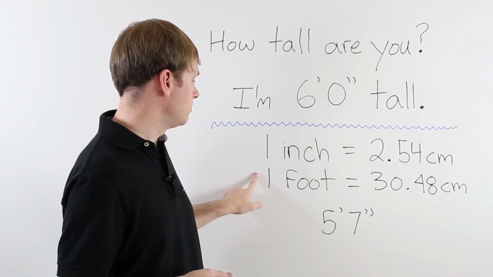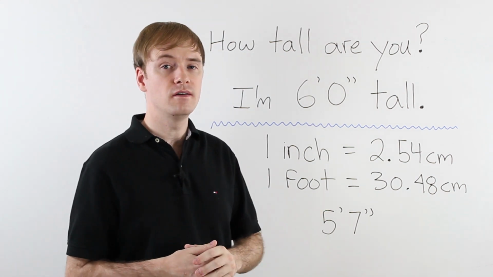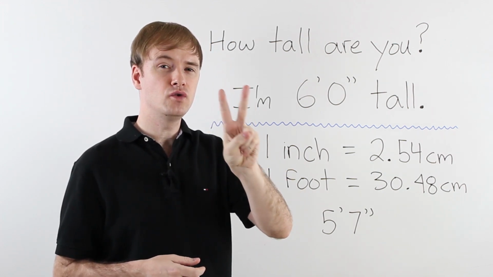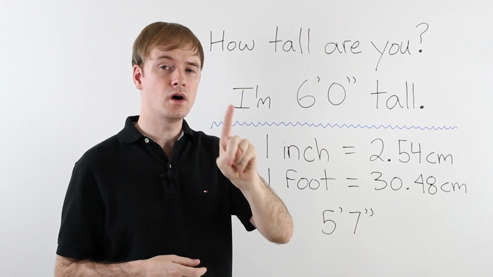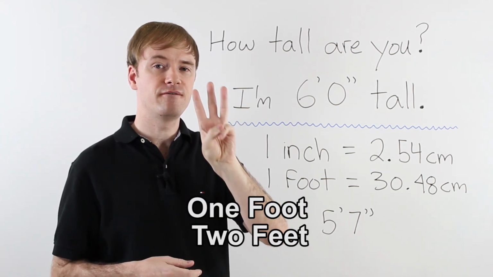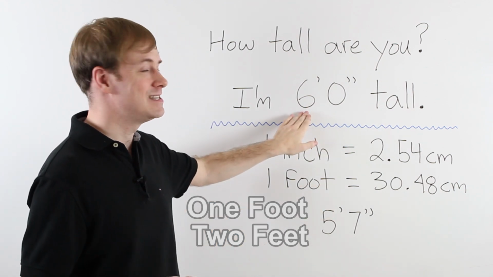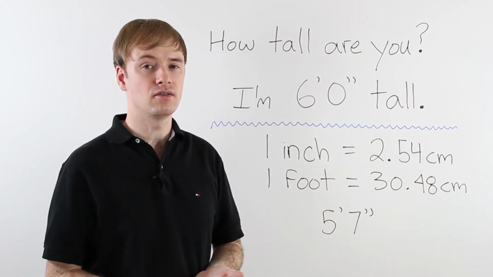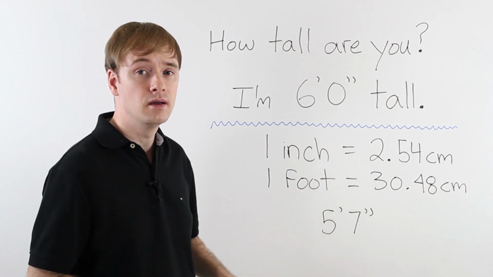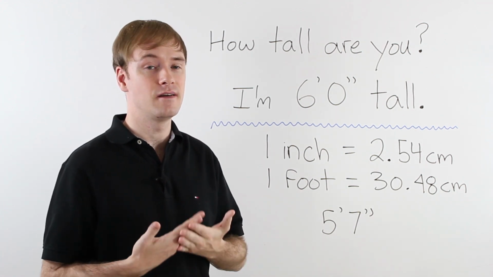They say one foot, but not two foot. One foot, two feet, three feet. I am 6 feet. So the singular is foot for one, but the plural is feet.